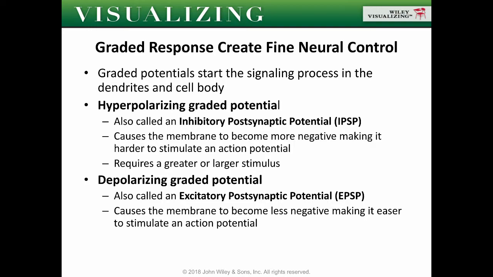That is basically a way of your body, not exactly adapting, but yes, they are adapting to the excess of the stimulants by requiring you to intake more and more stimulants for the same amount of response to happen. So basically, this is somewhat similar to the hyperpolarizing graded potential type, the inhibitory postsynaptic potential.